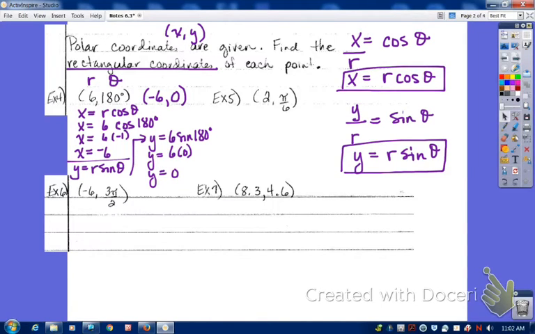So -6 is your x and 0 is your y. Do y'all agree that those 2 points, one's polar, one's rectangular? Rectangular means x, y. Polar means r, theta. Those 2 points get me to the same location. One is in polar form, the other one is in rectangular form.